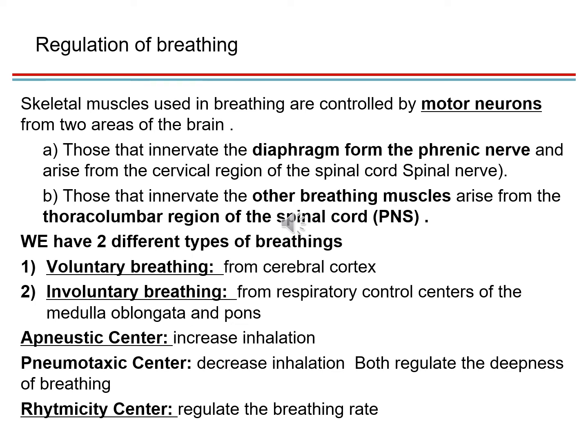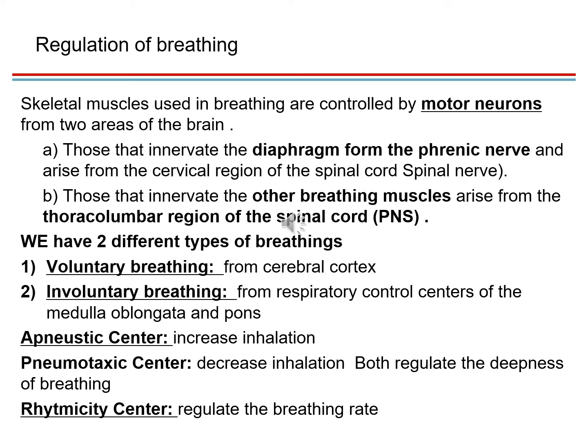But we have another center that is called the rhythmicity center. That rhythmicity center is the one that regulates the breathing rate, that, by the way, differs between a child, a young adult, an old adult, or elderly. Obviously, the younger we are, the faster the breathing rate is, because it's in accordance with the metabolism of that person.